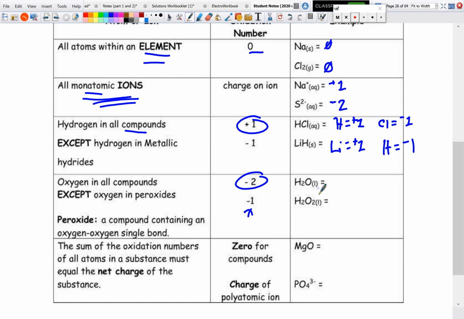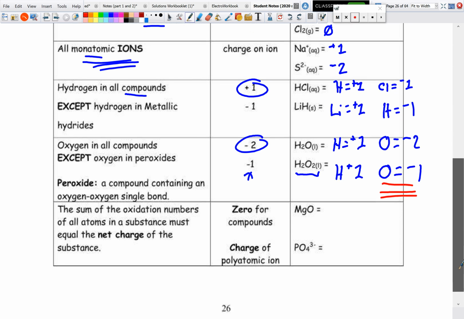So for example, in water, H2O, we know hydrogen is going to have a positive 1 oxidation state because of the rule up here, and oxygen is equal to negative 2. Now if we see a peroxide like H2O2, hydrogen is still going to be a positive 1, but now oxygen turns into a negative 1. So this is the only exception that you do have to be careful for, is when you do have a peroxide.